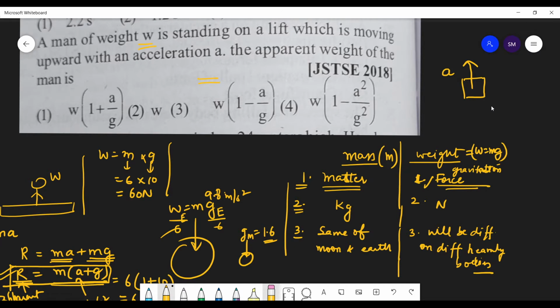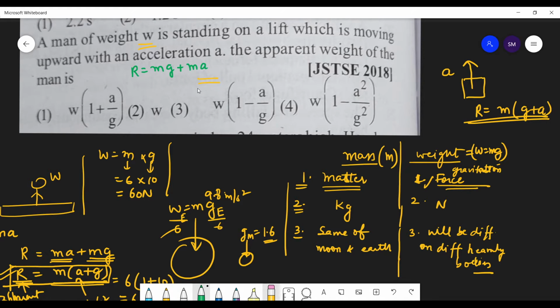You know that the apparent weight of the man, that is the reaction, will be equals to M into G plus A. Yes, sir. So apparent weight is equals to M into G plus A, or you can write it as R equals to mg plus ma, isn't it? Yes, sir.